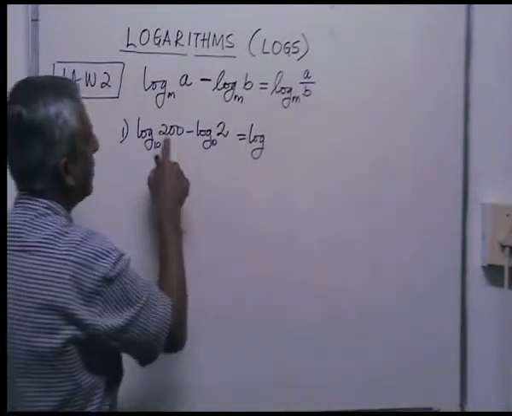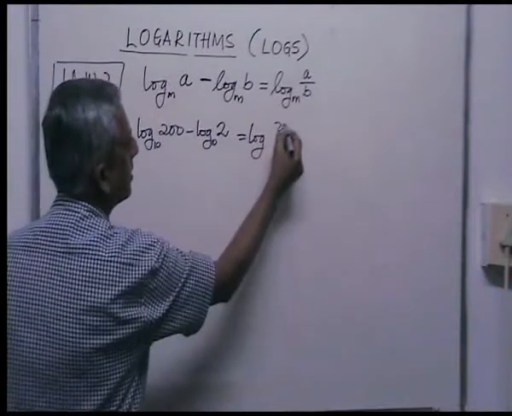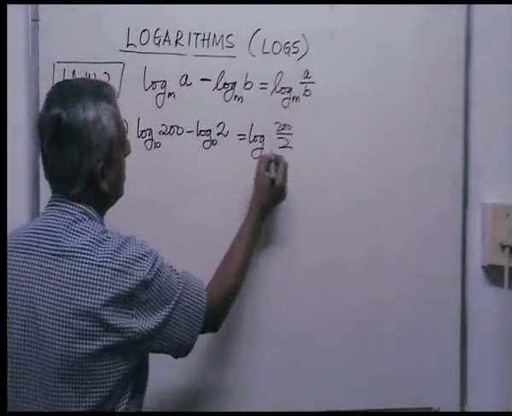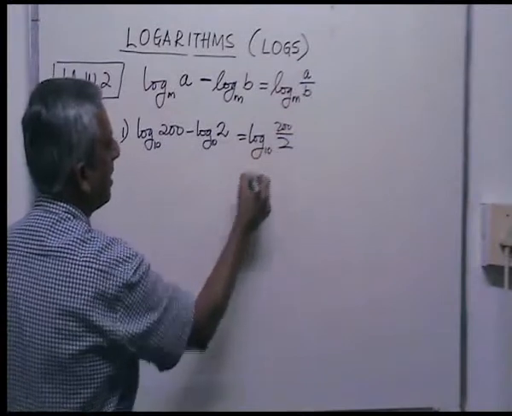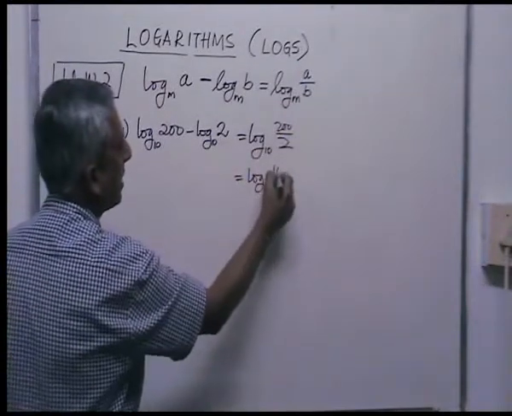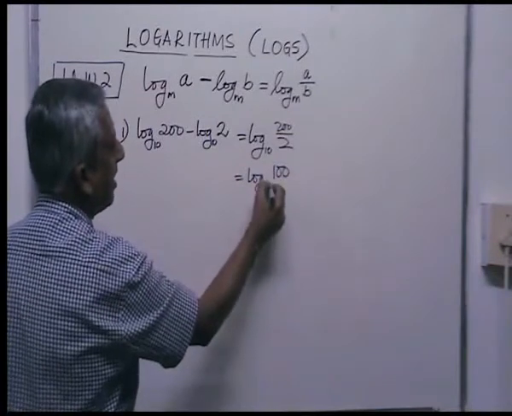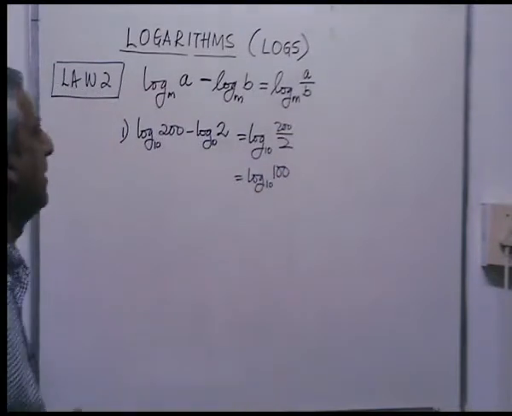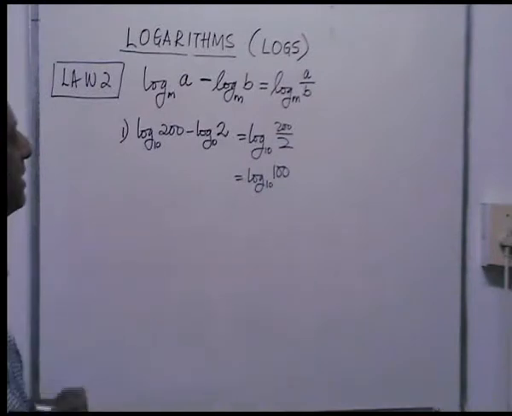It's divide, you see. 200 divided by 2. I'm doing it step by step, which is really log of 200 divided by 2, which is log of 100 to the base 10. At the moment, I'm just going to leave the answer like that. Later on, we will teach you how to use the calculator and how to get the answer.